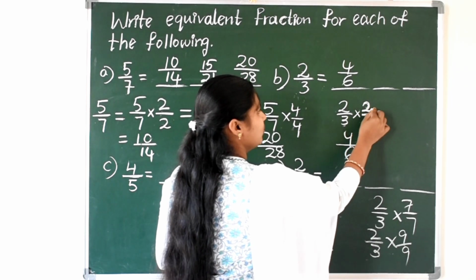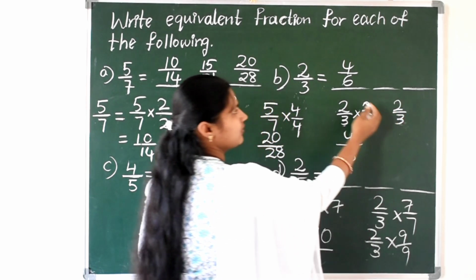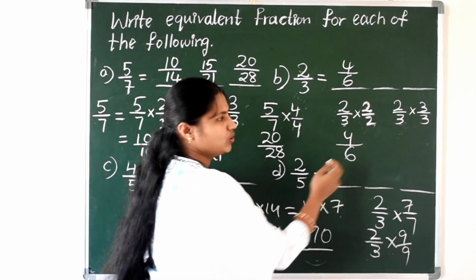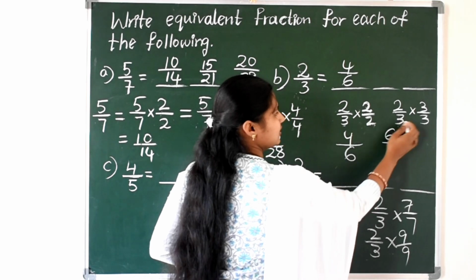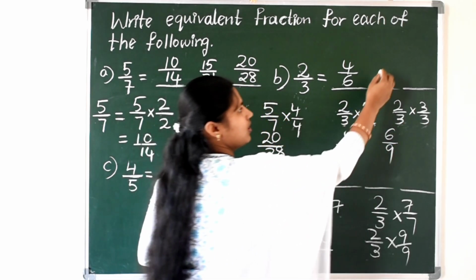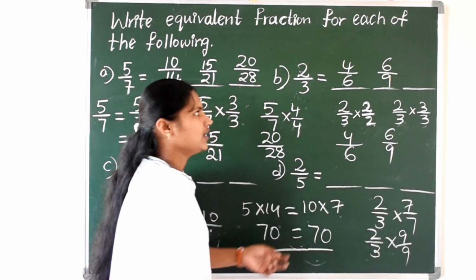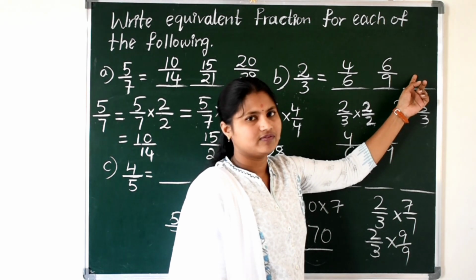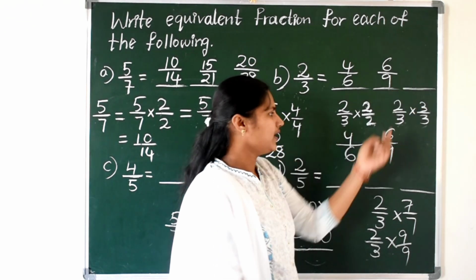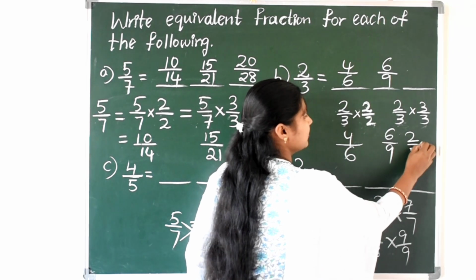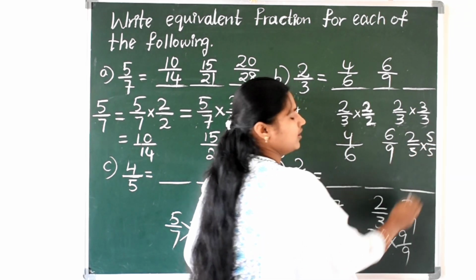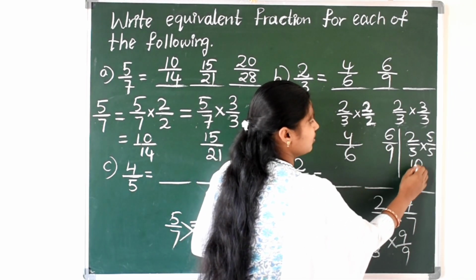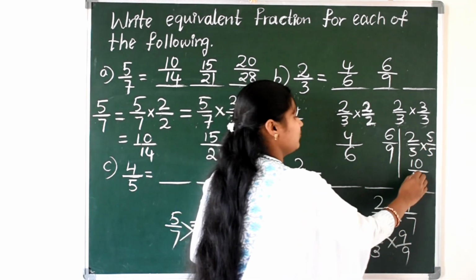Next, the given fraction 2 by 3. I am multiplying with the number 3. 2 3's are 6 and 3 3's are 9. So 6 by 9 is another equivalent fraction for 2 by 3. We want one more equivalent fraction. Take any number; I am taking the number 5 here. 2 5's are 10, very good, and 3 5's are 15.